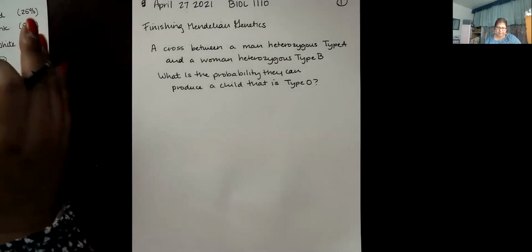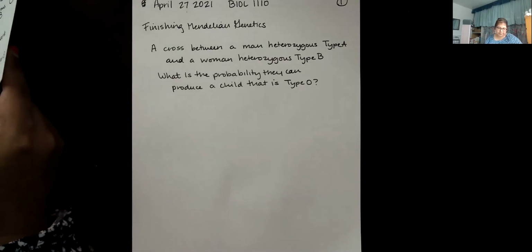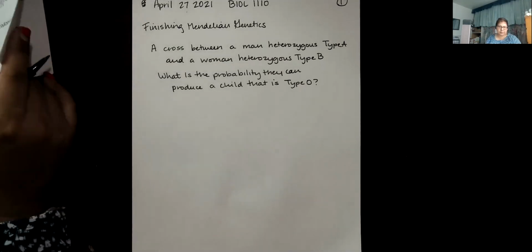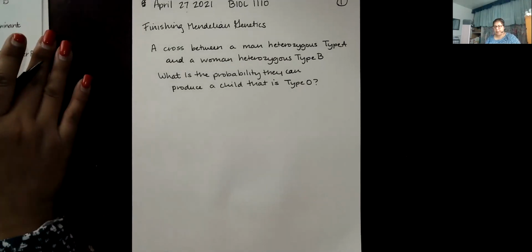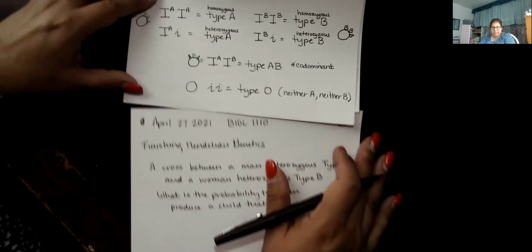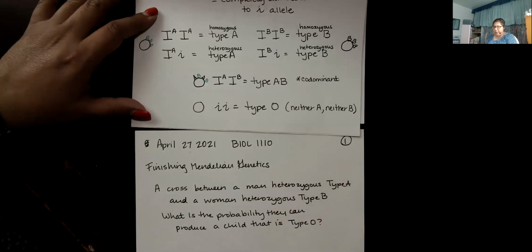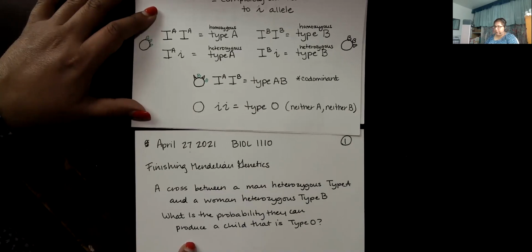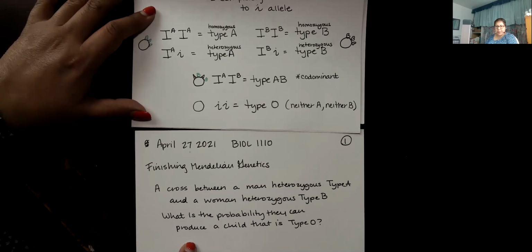Specifically, look at the notes where we wrote out all of the different ways that you could be type A, type B, type AB, and type O. Okay. I'll let you work on this for a minute or so, and then we'll check your work.